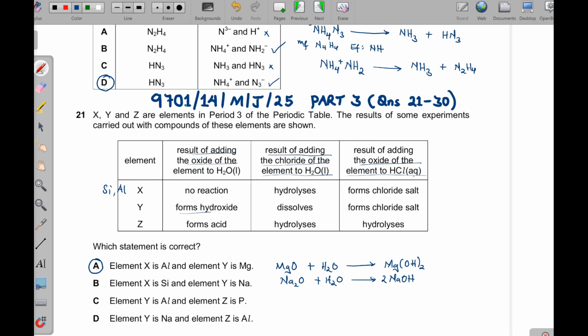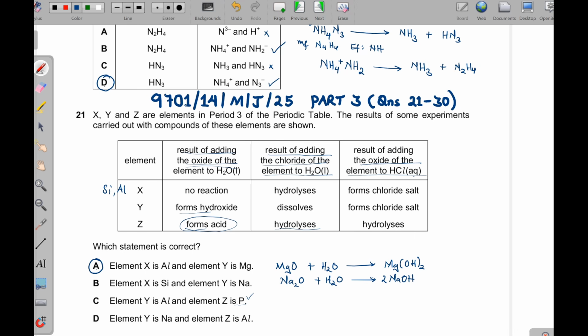But then when you look at these ones here, if you say Z is element P, they said Z forms an acid. The oxide of Z, if it is the oxide of phosphorus, you put it in water, indeed you form an acid. That one is okay. Then result of adding the chloride, it hydrolyzes.